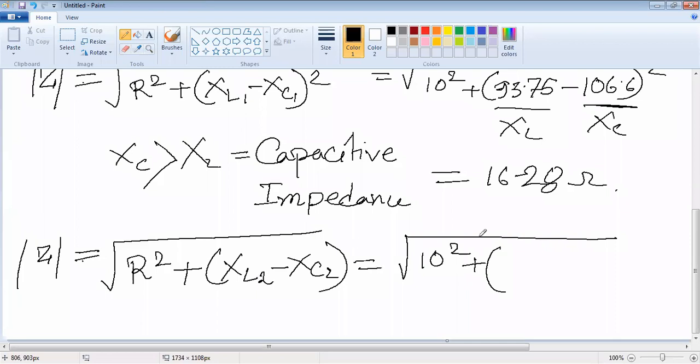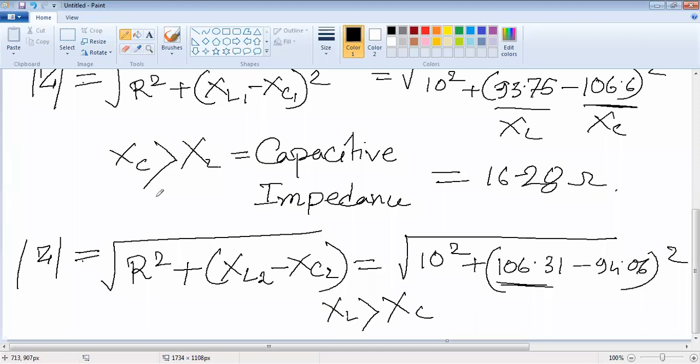We have found out XL2 is 106.31 minus 94.06 square. Now here XL is greater than XC, because above the resonant frequency XL became the higher. So XL greater than XC. Before that, XC greater than XL.